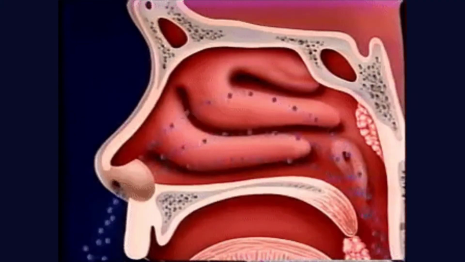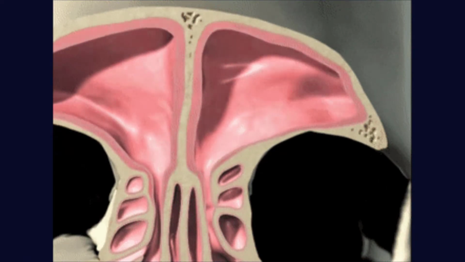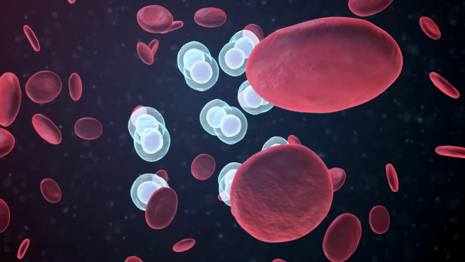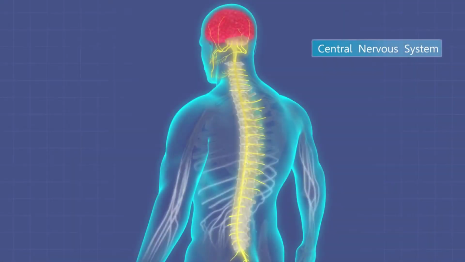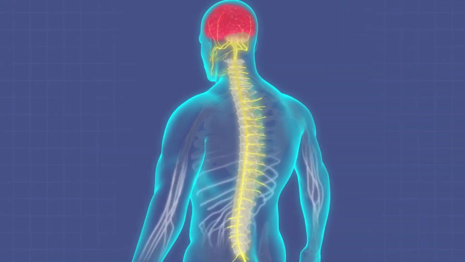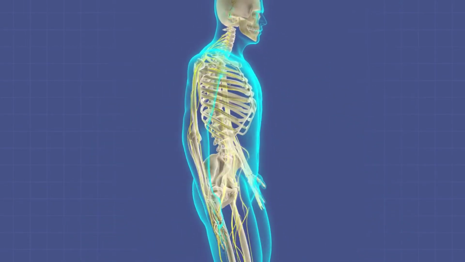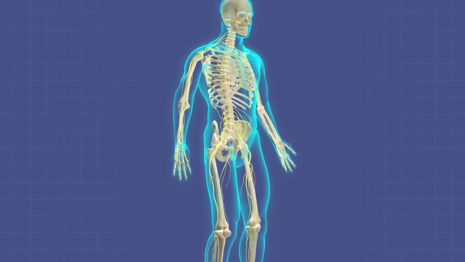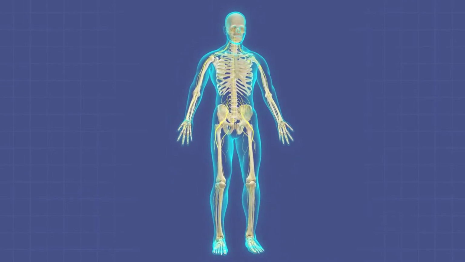Then, these bacteria invade the epithelium, causing respiratory distress. From here, the bacteria can pass into the bloodstream. Finally, the bacteria will disseminate to the tissues near the spinal cord, causing inflammation and meningitis. Infection through the meninges, brain, and spinal cord can be very rapid, resulting in death within hours.